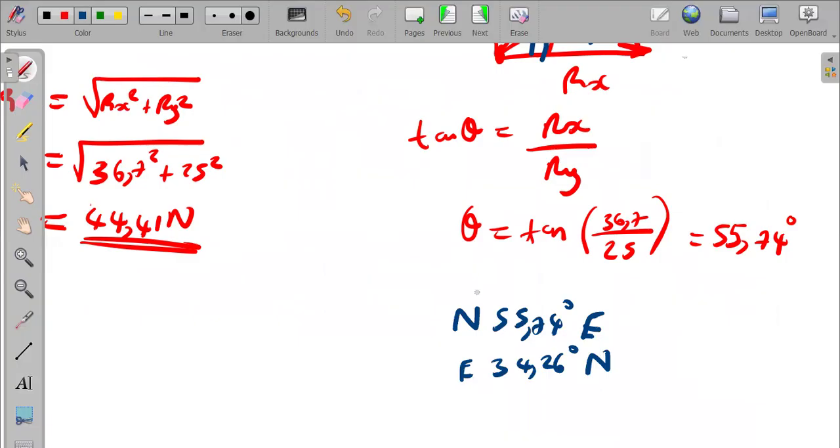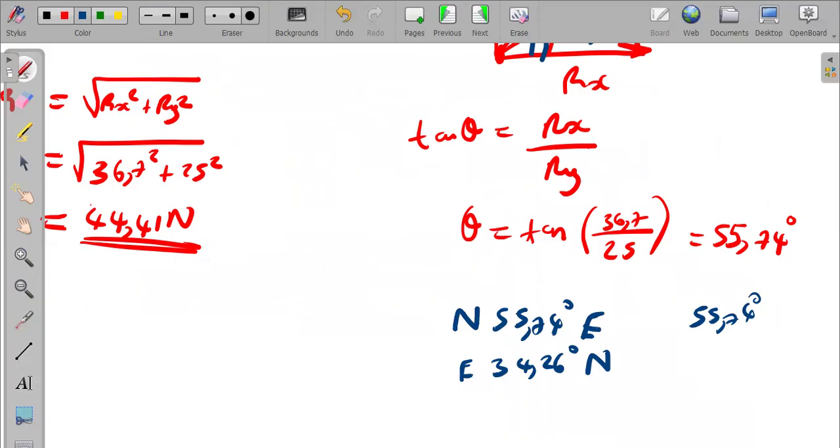Or we can say it's just 55.74 degrees clockwise from the positive y-axis, which will still be correct. So that's our question there. That's how we were supposed to calculate the direction, as well as use all the given information.